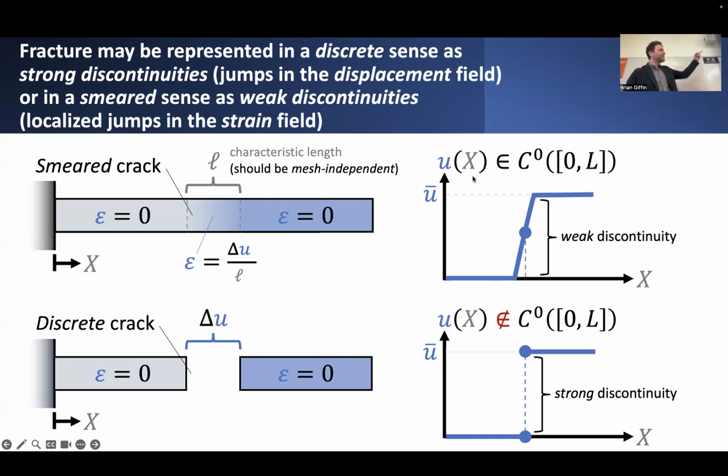So if we do this kind of smeared cracking approach, then we can still get away with using our classical theory of finite elements and apply everything in that context without having to do any extra work to rework the theory and include these strong discontinuities. Nonetheless, there are ways that you can include strong discontinuities, but we'll have to reserve some of that discussion perhaps for a little bit later.